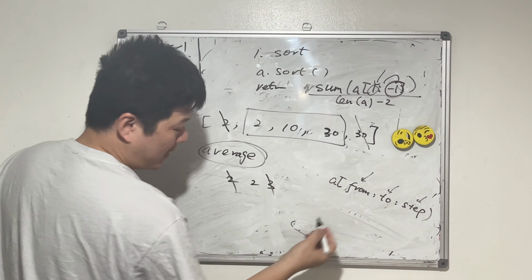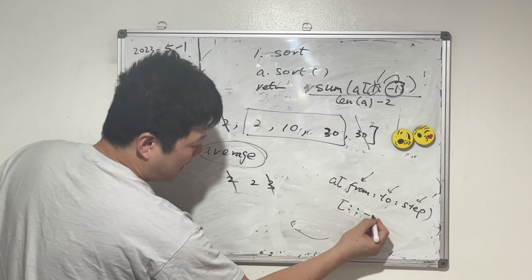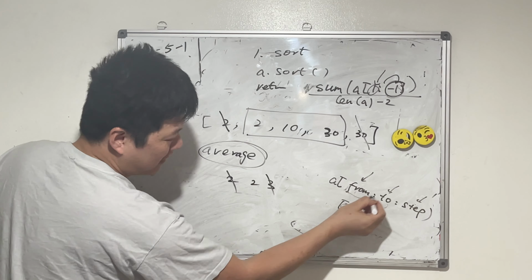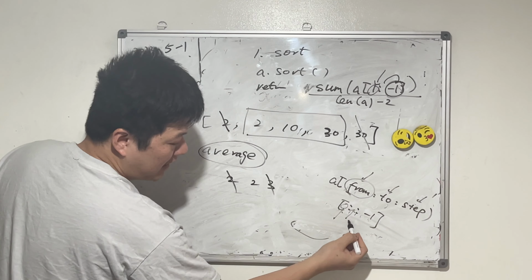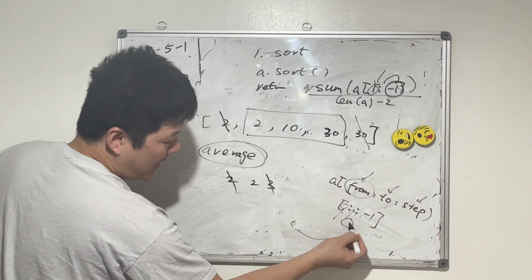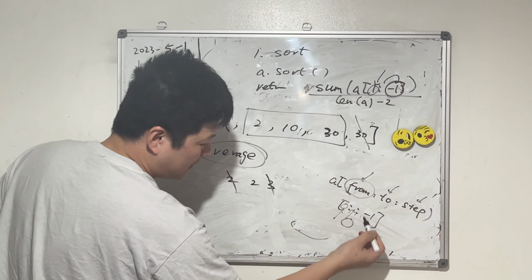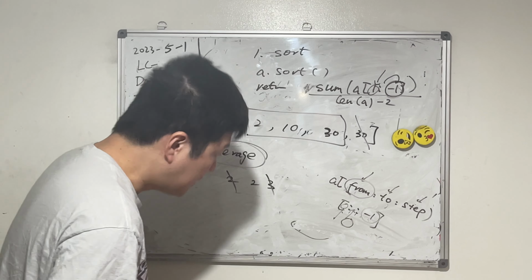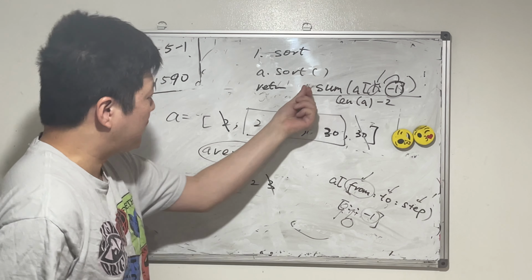If we don't specify, from is 0, to is n, and step minus 1 means the reverse. So this is one way we use the sum function.